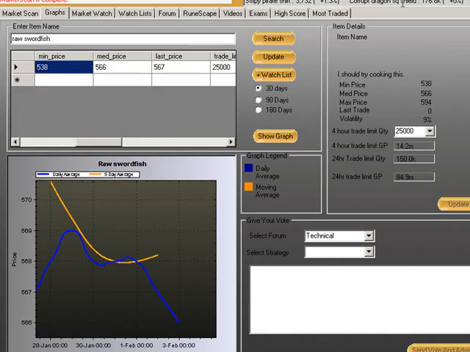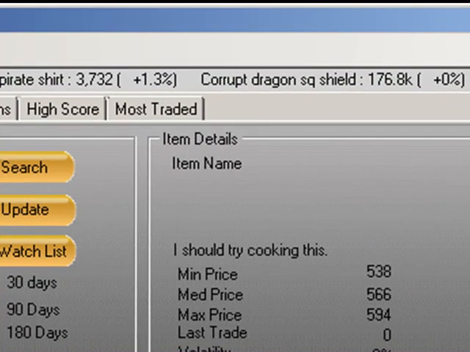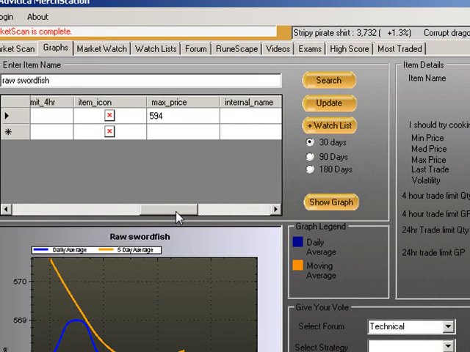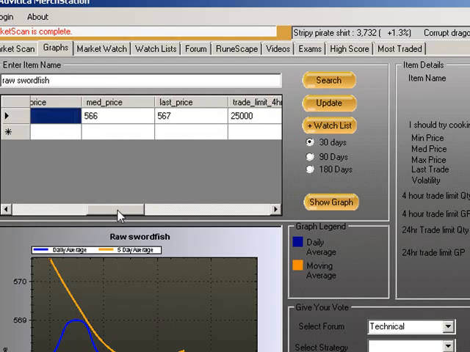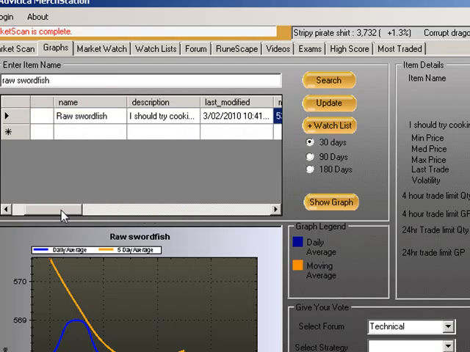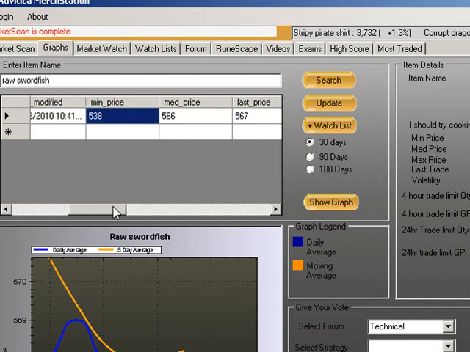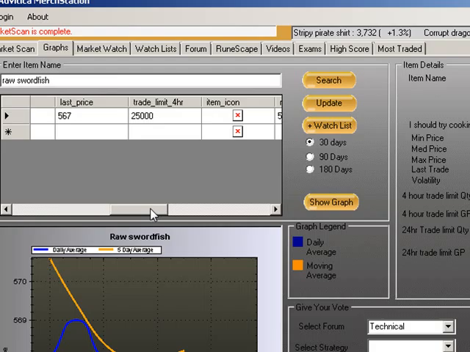Well, see here, the data that's coming across here on the scan, that is recorded down into the database. So you can see here it'll have the last price, and this was updated on the 3rd of February, and you can see that the last price was 567. Oh, it's actually a little different, 566 here.